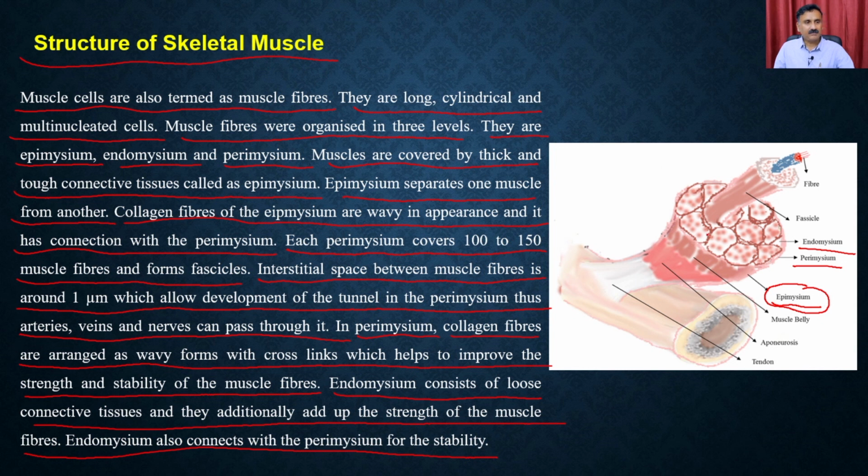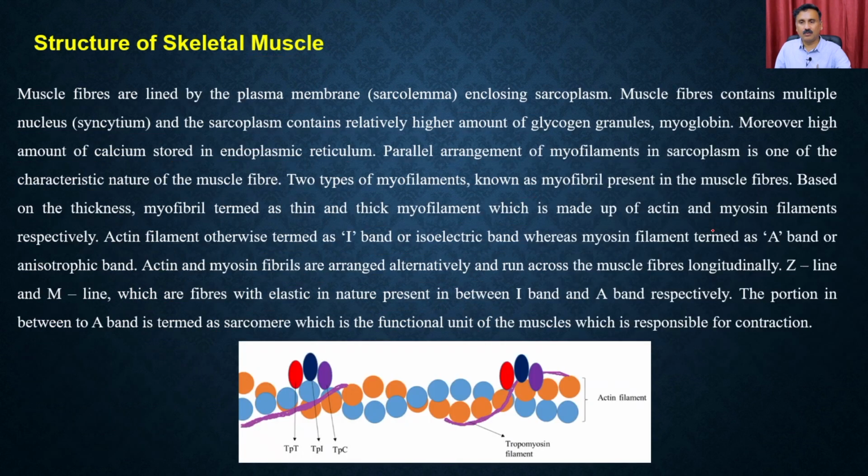Now, apart from this, all the individual muscle fibers are lined by the plasma membrane, which is called the sarcolemma, which encloses the sarcoplasm. A muscle fiber contains multiple nuclei, or a syncytium, and the sarcoplasm contains a relatively high amount of glycogen granules and myoglobin.